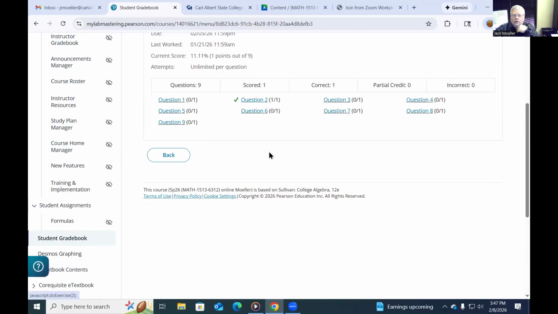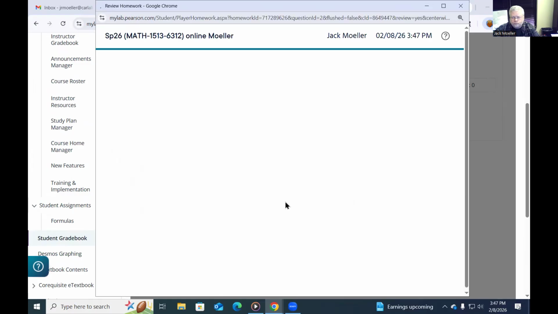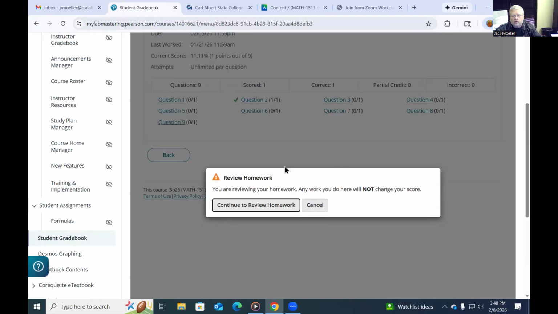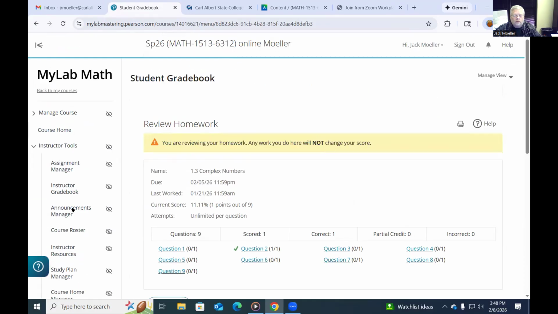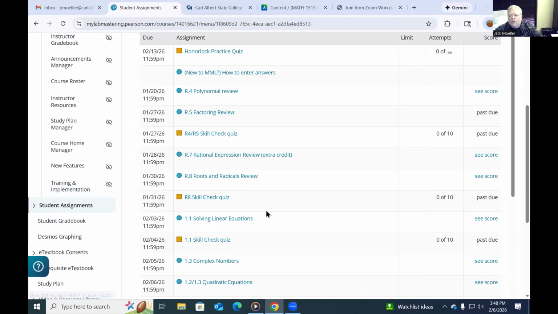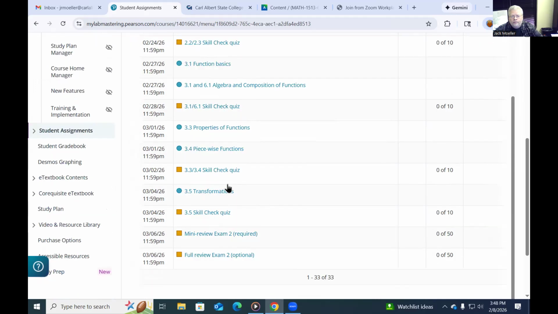When you click on the quiz, it'll have the right answer, and if you missed it, there'll be a red triangle up there. You click on the answer box, and it'll show you your answer. That's how you review your old quizzes, by going to the student gradebook in MyMathLab. And like I said, you most likely have to change it to the entire course to date instead of the past 2 weeks. All right, let's get into the full review.